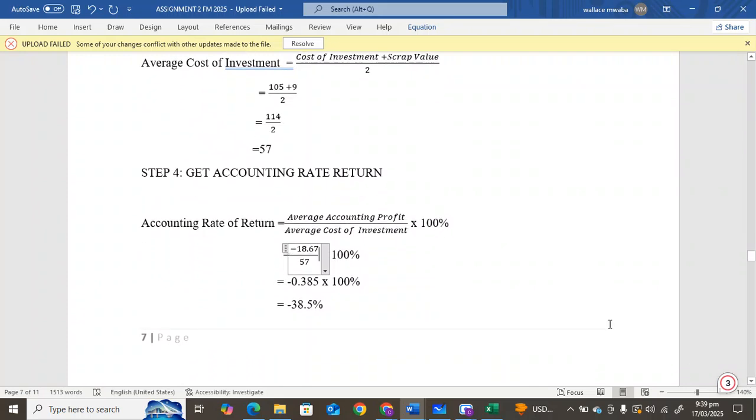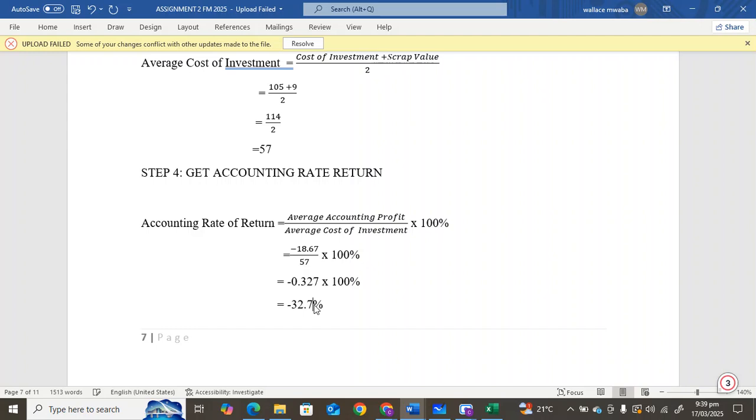Negative 18.67 divided by 57, you get negative 0.327. 100 times negative 0.327 is negative 32.7%.